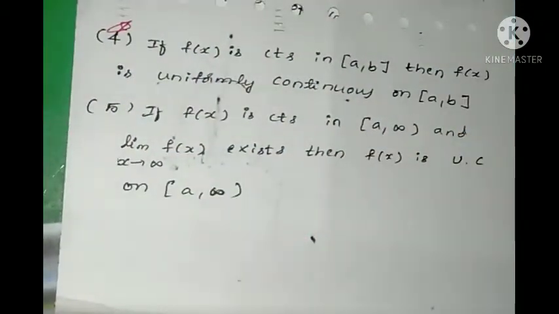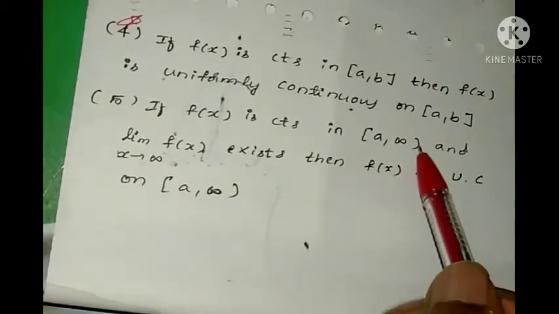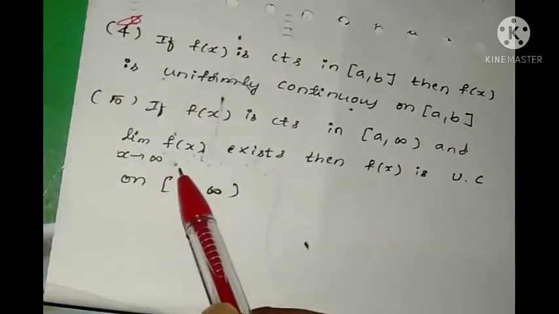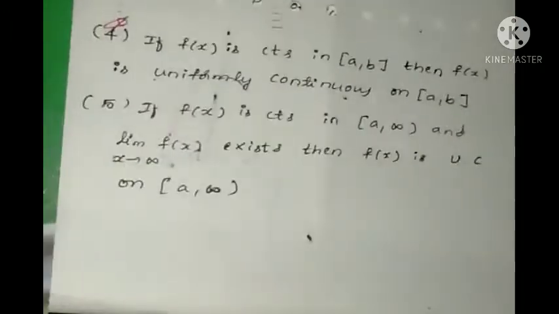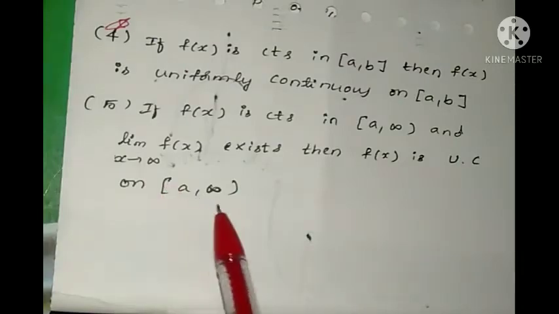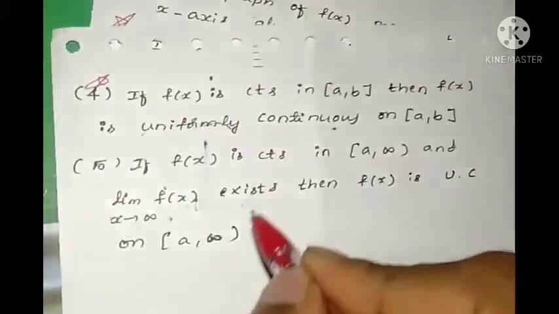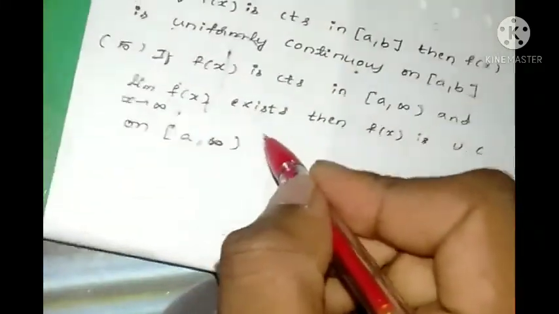We have to remember the sufficient condition for uniform continuity: if f of x is continuous on [a, infinity) and the limit as x tends to infinity of f of x exists, then f of x is uniformly continuous on [a, infinity). This is only a sufficient condition, this is not a necessary condition.